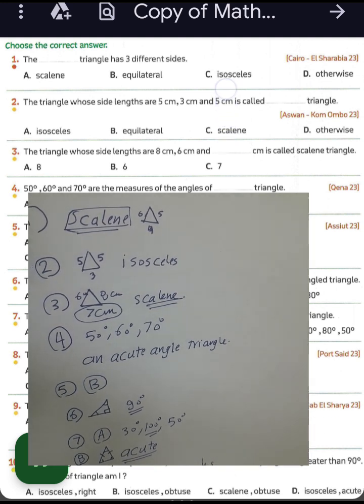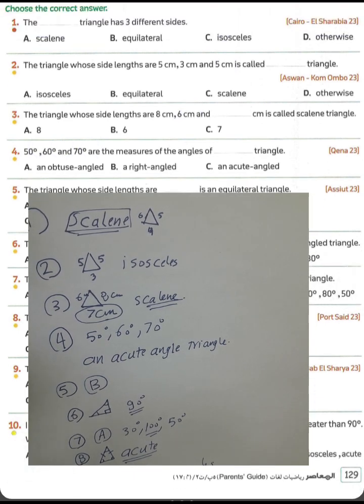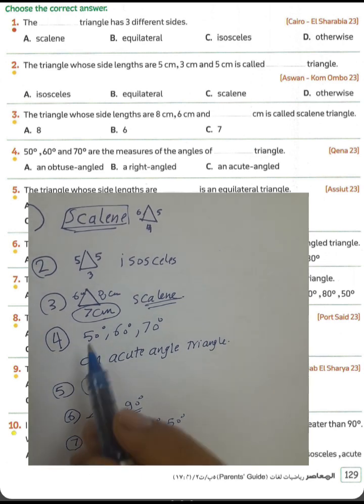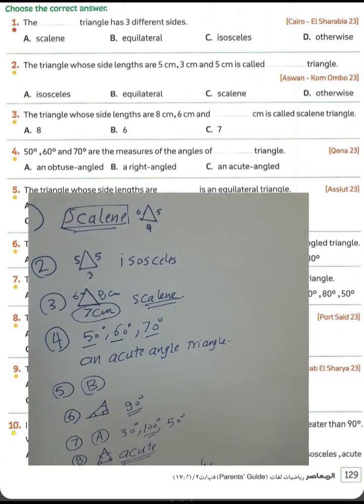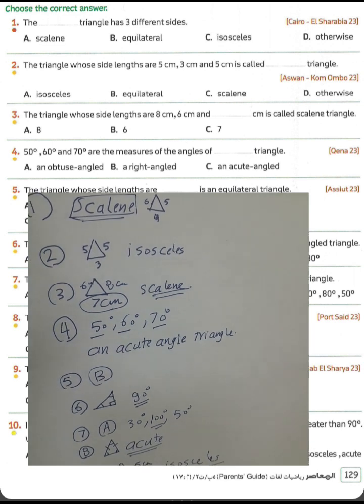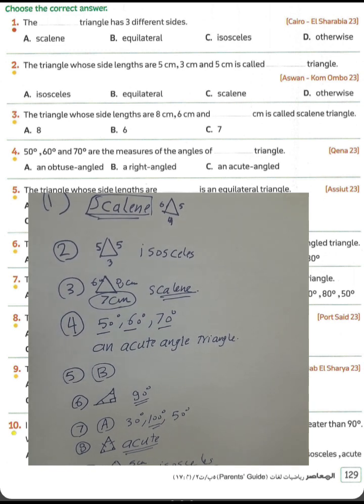Number 4. 50 degrees, 60 degrees, 70 degrees is the measure of a blank angle triangle. Acute, because 50, 60 and 70 degrees are all less than 90 degrees, so we call this an acute angle triangle.